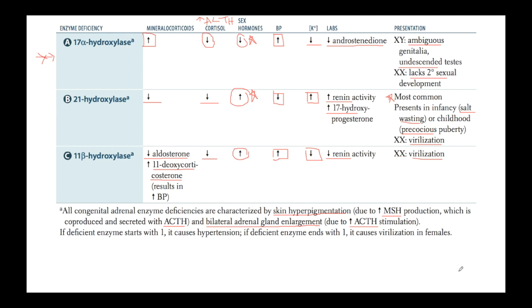And all of these names and stuff can get a little confusing, so it helps to think about if the deficient enzyme starts with a 1, it can cause hypertension. And if the deficient enzyme ends with a 1, it can cause virilization in females.